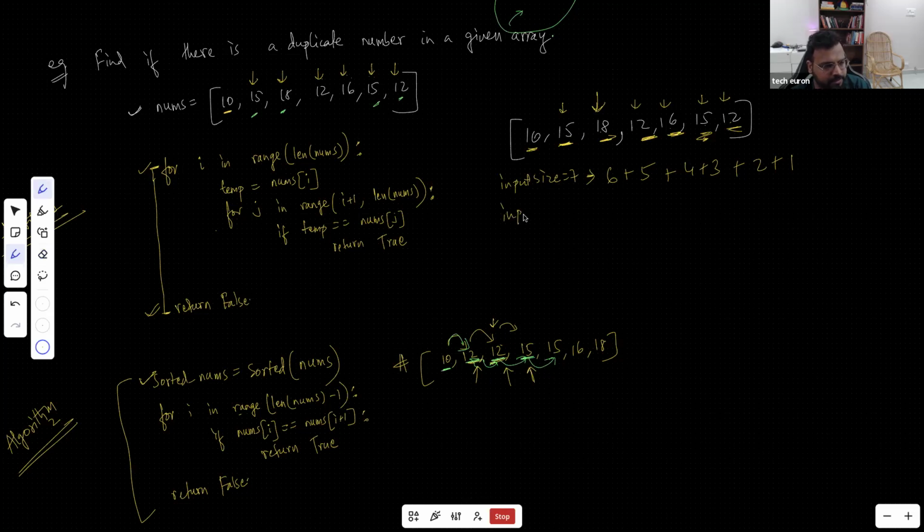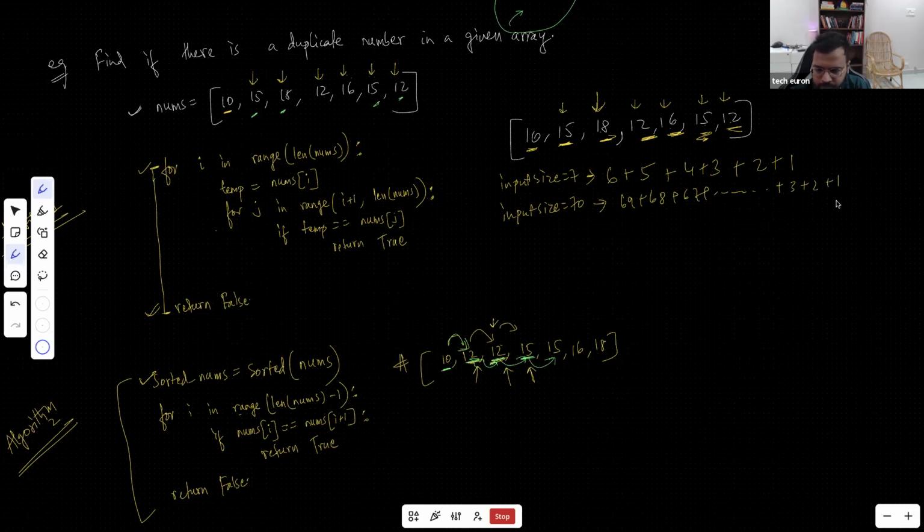If the input size was, instead of 7, 70, then what would have been the situation? 69 plus 68 plus 67 plus dot dot dot plus 3 plus 2 plus 1.